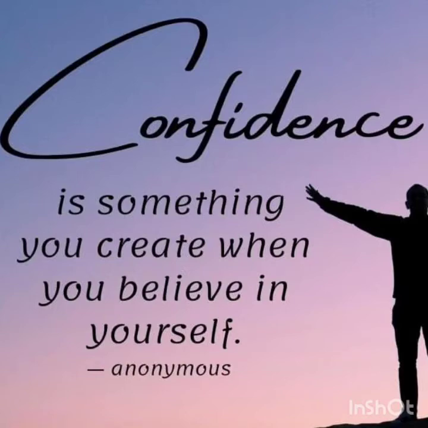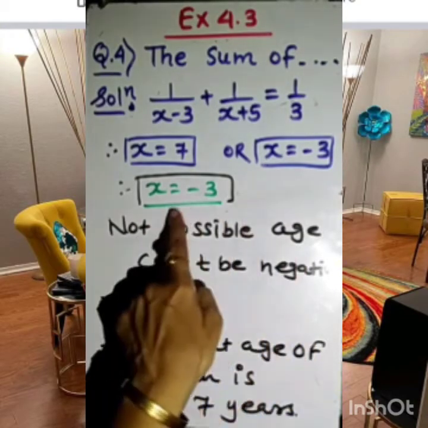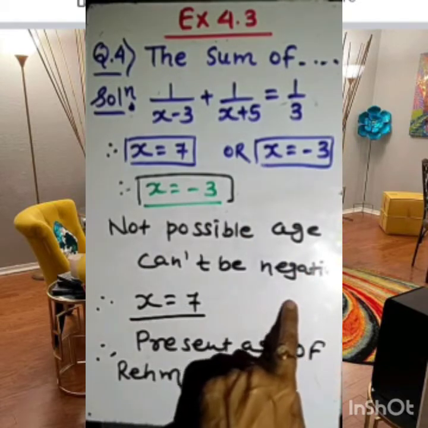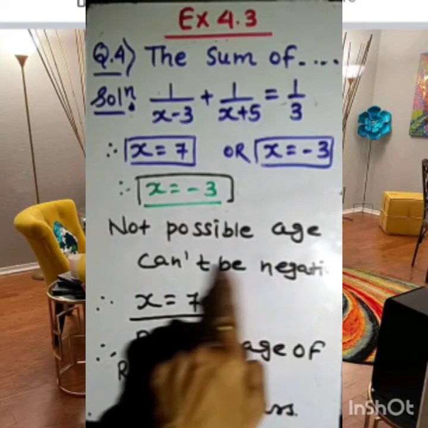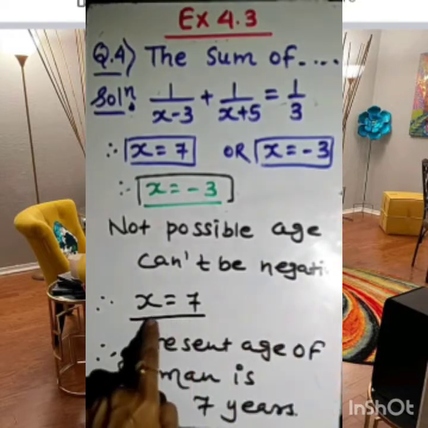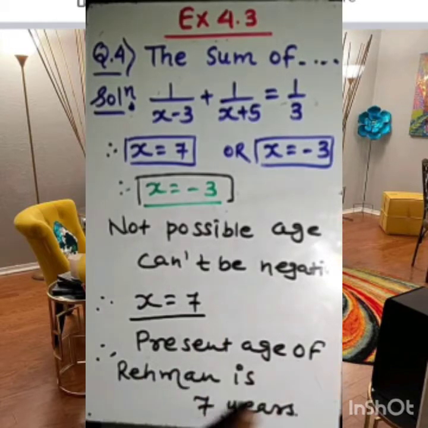So dear student, from here I was explaining: x equal to negative is not possible, because age can't be negative. So x equal to 7. So finally the present age of Rahman is 7 years. Clear to you? This is the complete solution.